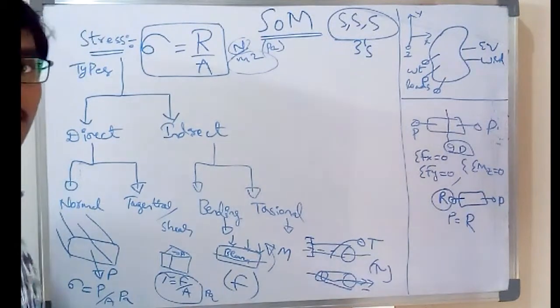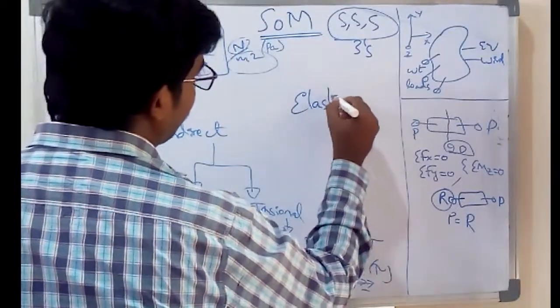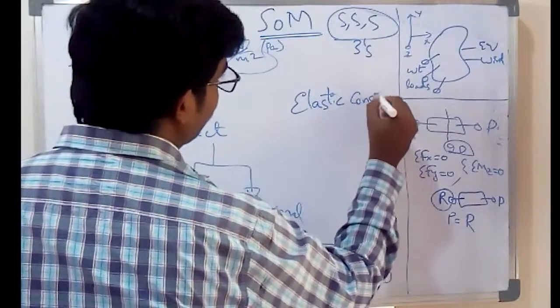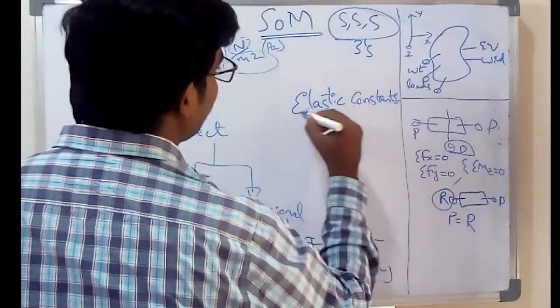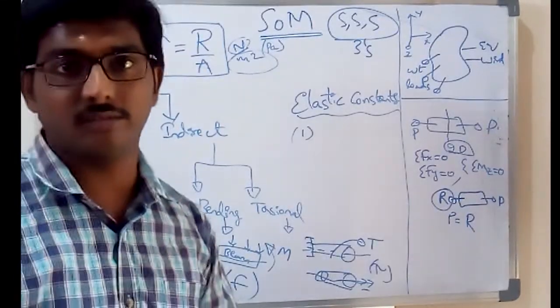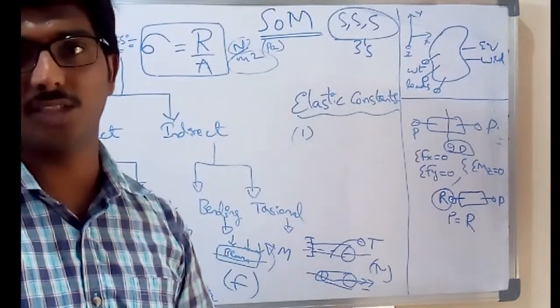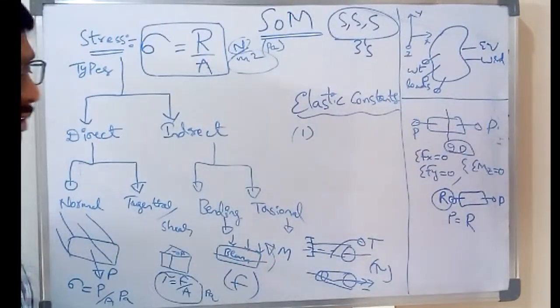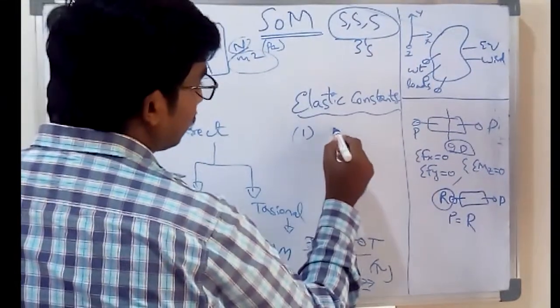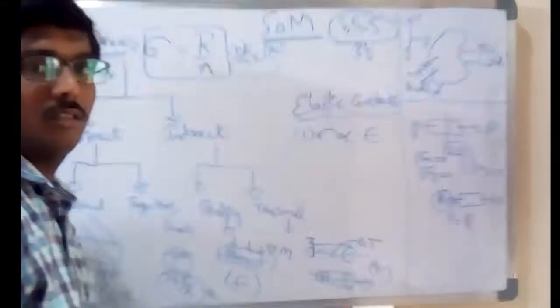The next topic is about elastic constants. In the elastic constants, we study four elastic constants: Young's modulus, rigidity modulus, bulk modulus, and Poisson's ratio. Young's modulus says stress is directly proportional to strain, always.